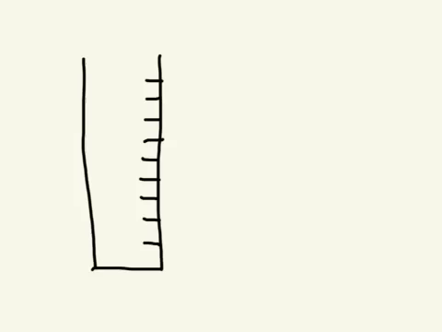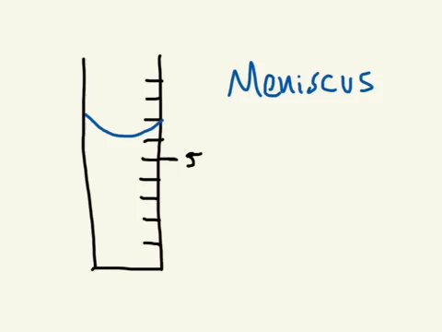And it usually has little tick marks on the side to give us readings. Now, as I pour this liquid in, you might begin to see and realize that it creates a type of a dip in the liquid. This little dip, my friends, is called a meniscus. It happens all the time when you're using a graduated cylinder.